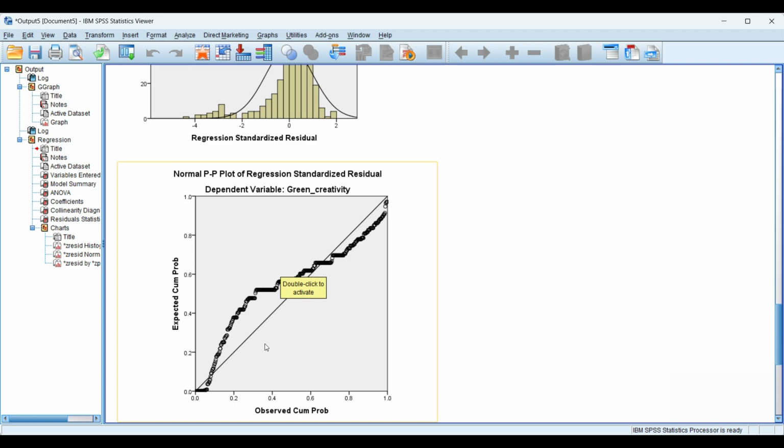So the residual spread is wider in some areas and narrower in others. You can see wider and narrow. There is also a downward triangular pattern with several large negative residuals concentrated around the middle predicted values.